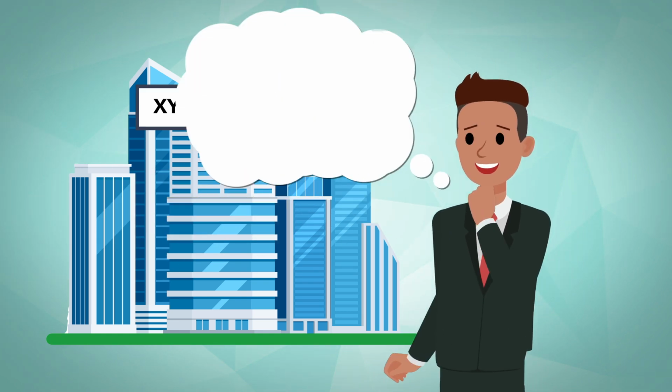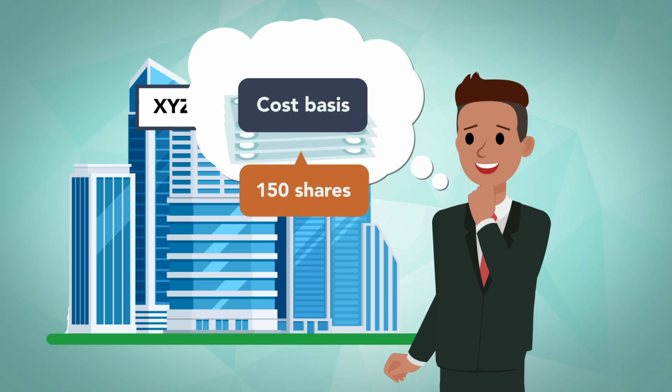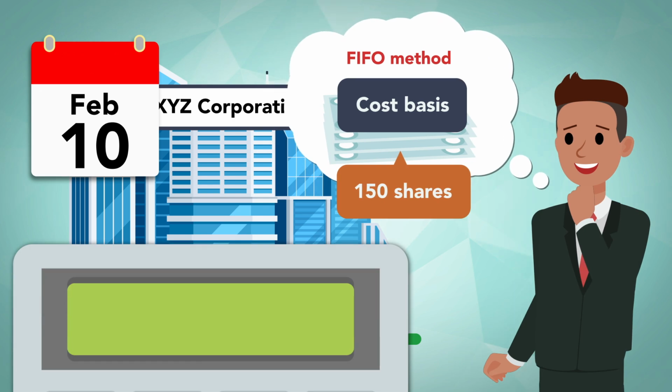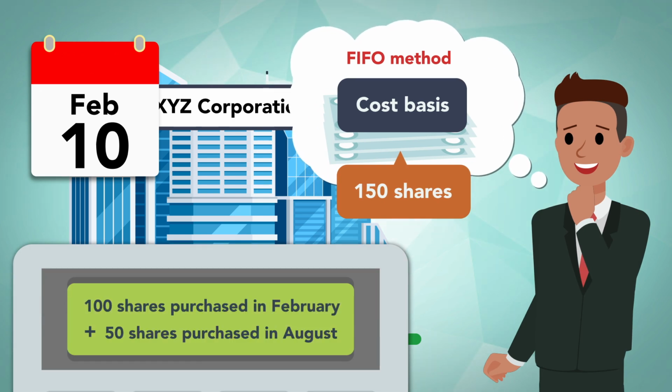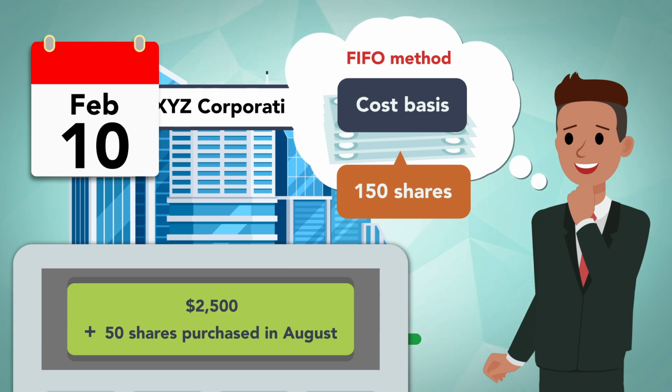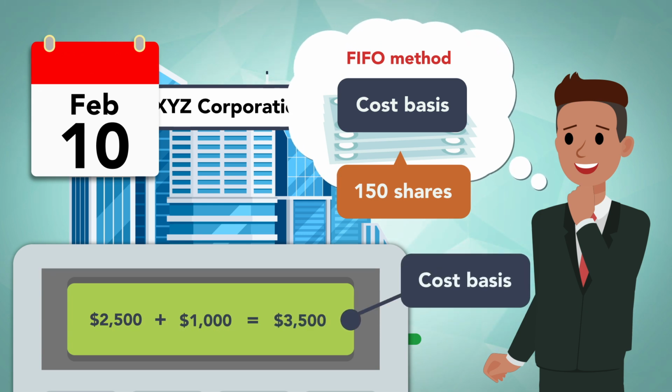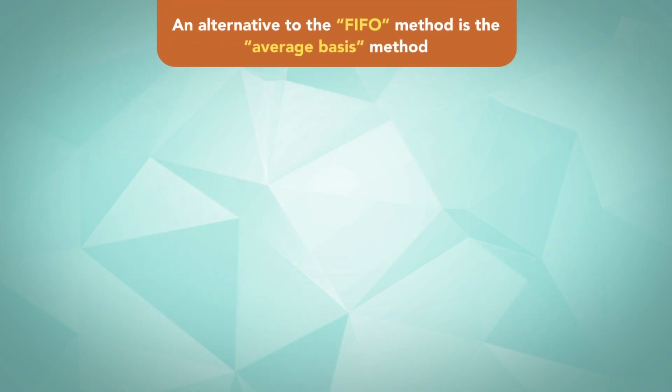To calculate the cost basis of the 150 shares using the FIFO method, he would add the purchase price of the 100 shares purchased in February plus the purchase price of 50 of the shares purchased in August. The purchase price for 100 of the February shares was $2,500, and the purchase price for 50 of the August shares is $1,000. Therefore, Adam's cost basis is $3,500.